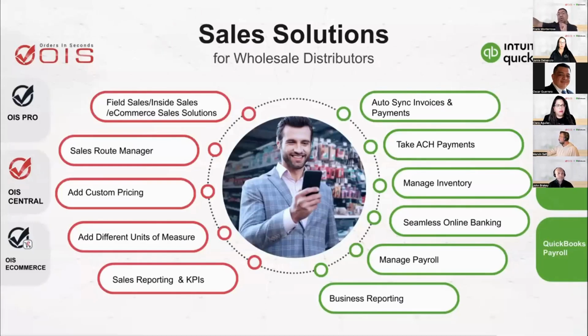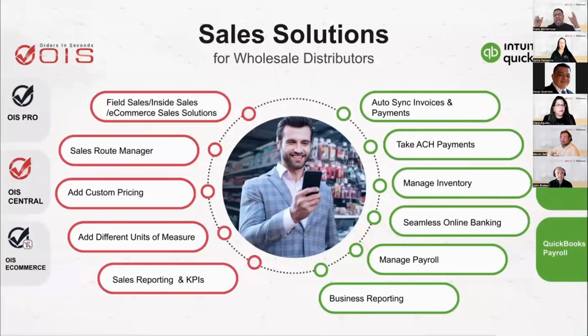That's one channel to collect orders, right? The way that we help the distributors is by empowering the sales reps to use their phone or tablet, and have visibility of inventory, route management, GPS tracking, all the things that you need in order to enhance that sales channel.